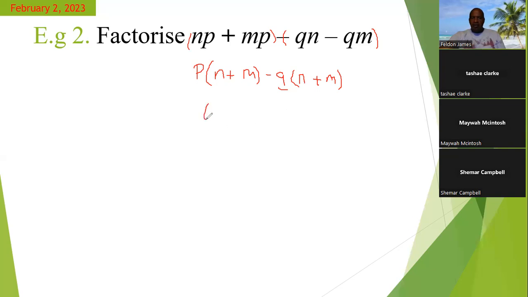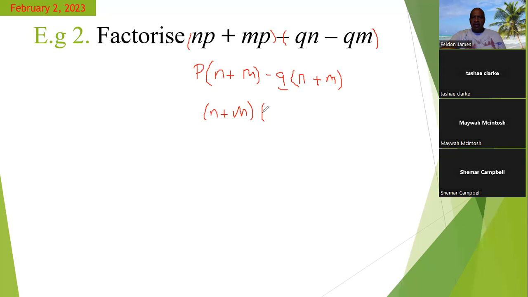So we will pull out N plus M as our common factor. And now we divide each of these terms. P bracket M plus N, when you divide that by M plus N, it cancels.